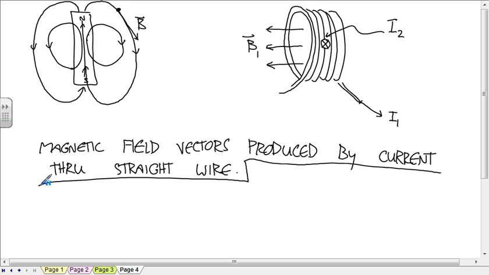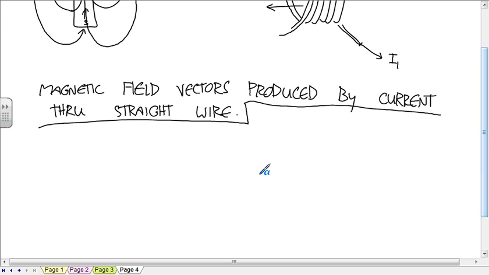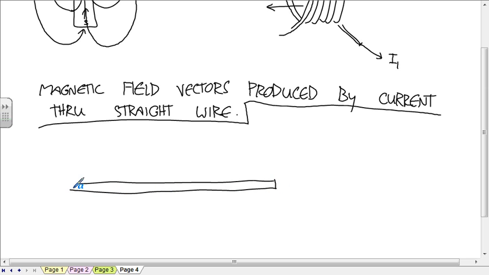All right, so say that we have a wire like this, and let's say that the current is going this direction. And say that we want to calculate the magnetic field vectors at 2 points. One is directly above this wire, and let's say that the distance here is 1 centimeter, so 0.01 meters.